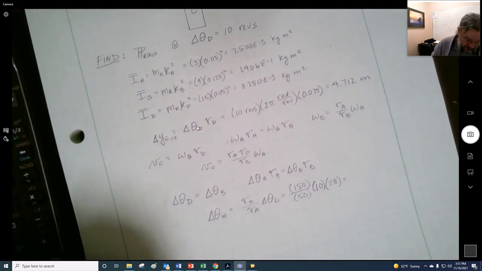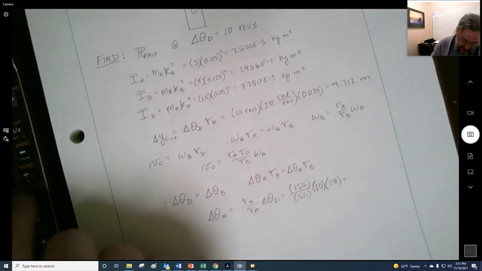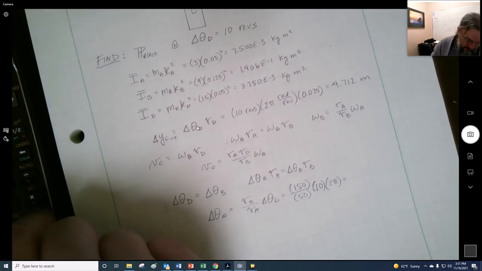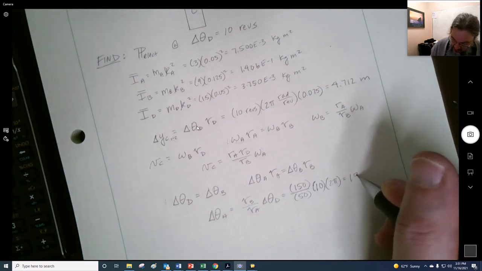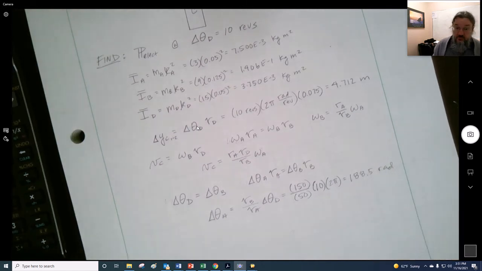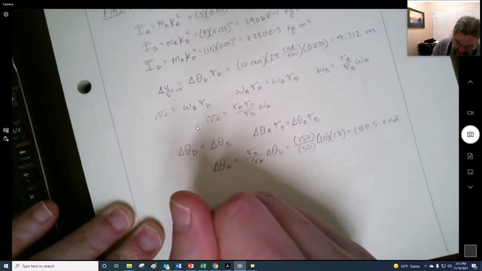So 150 divided by 50, which is 3, times 10 times 2 times pi gives us 188.5 radians. Okay, now I'm ready for my big picture here.